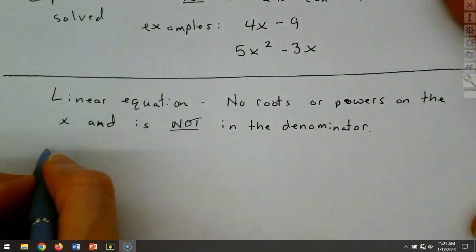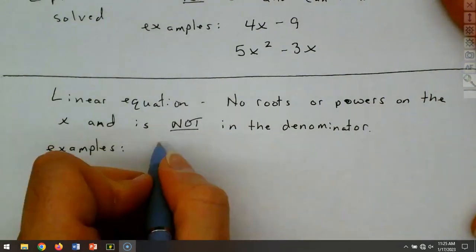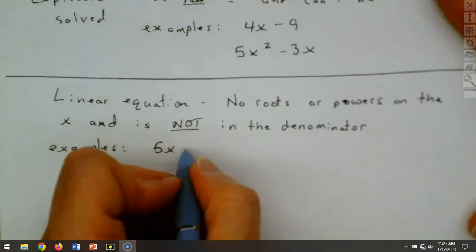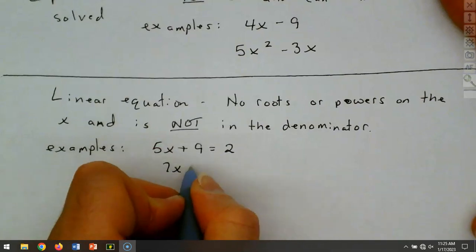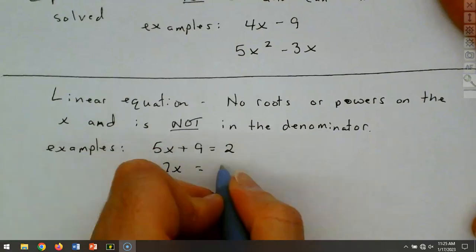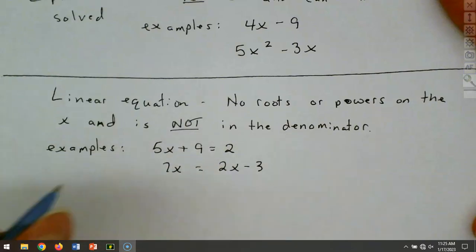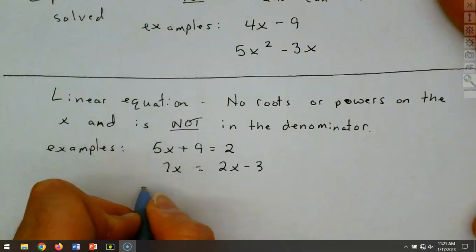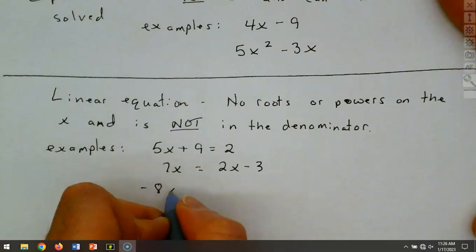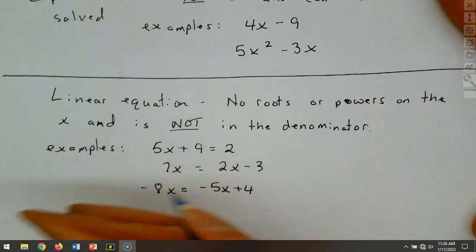These are examples of linear. 5x plus 9 equals 2. 7x equals 2x minus 3. Here's another one. How about minus 8x equals minus 5x plus 4.